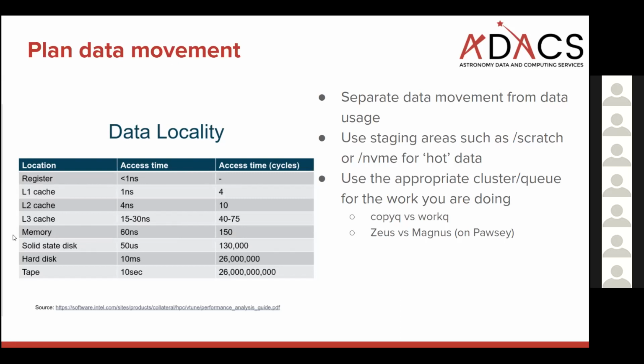But whether your data are in memory, by which this means RAM, whether it's on an SSD, a hard disk, or potentially even on a tape archive, you get different access times to these things.